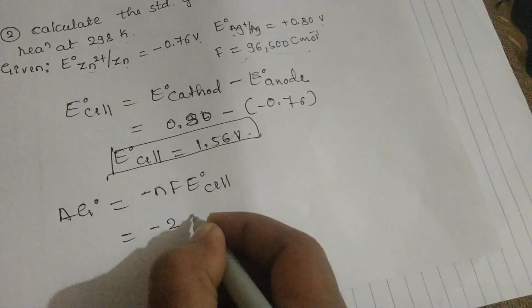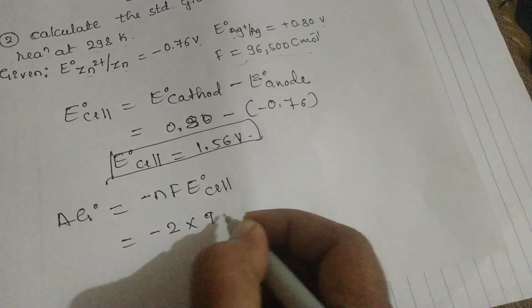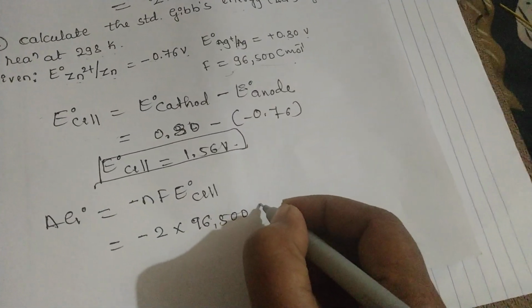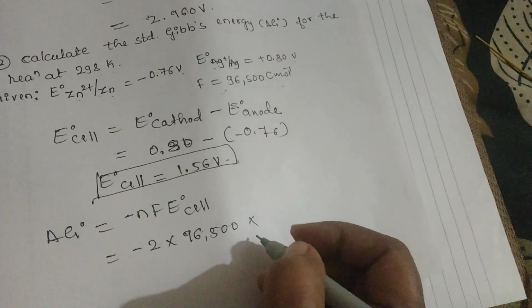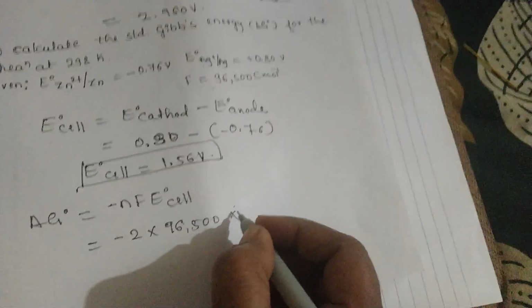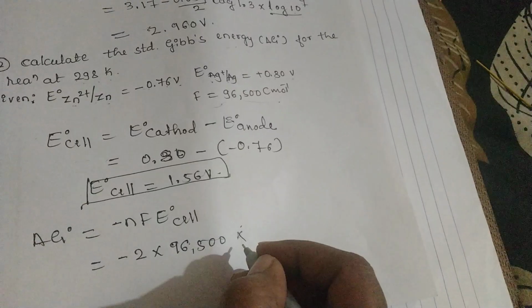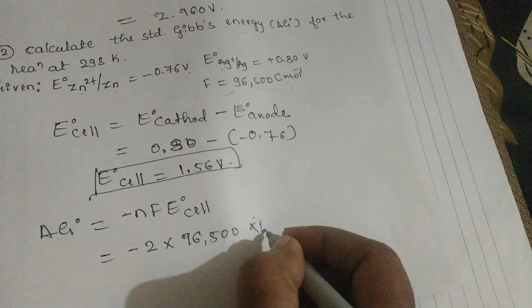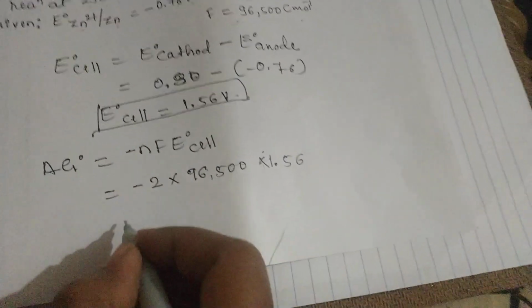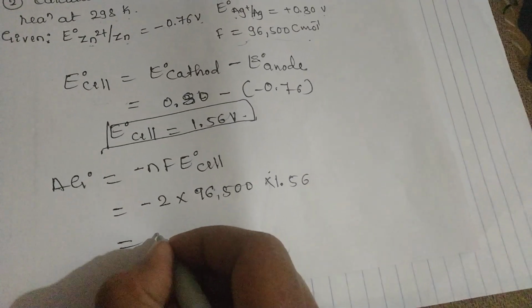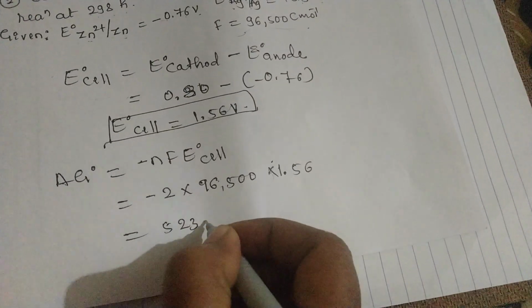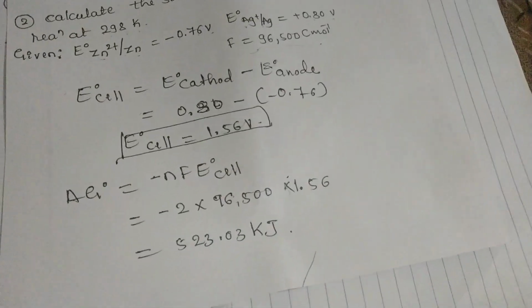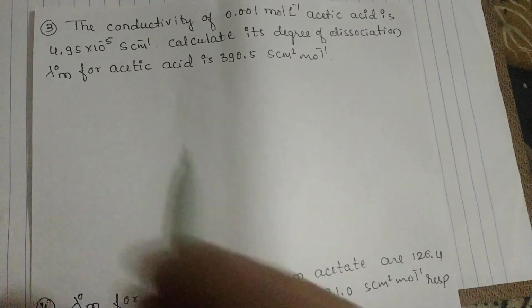Minus 2 into the Faraday's value they have given, 96,500, into E0 cell, that is 1.56. After calculating you will get 523.03 kilojoule. Okay, come to the next problem.